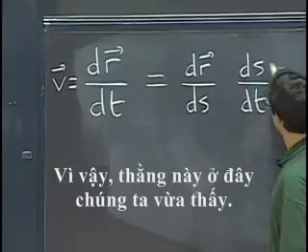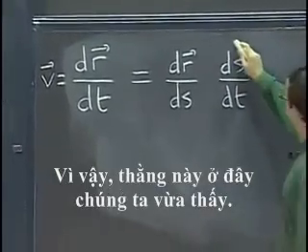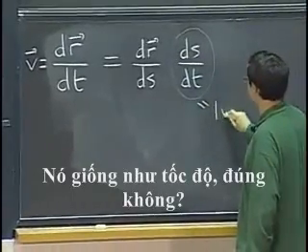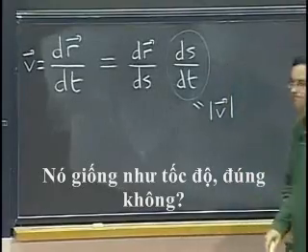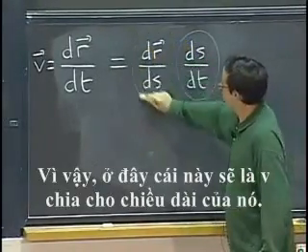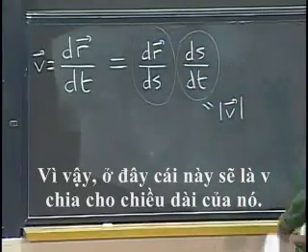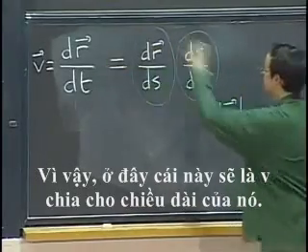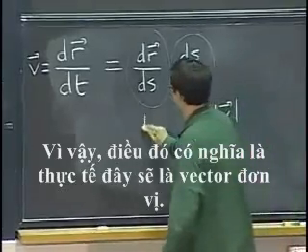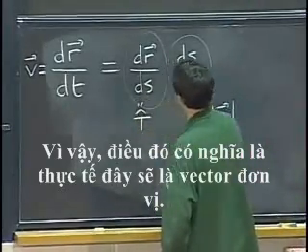So let's think about these things. This guy here, we've just seen that's the same as the speed. So this one here should be v divided by its length. So that means this actually should be the unit tangent vector.